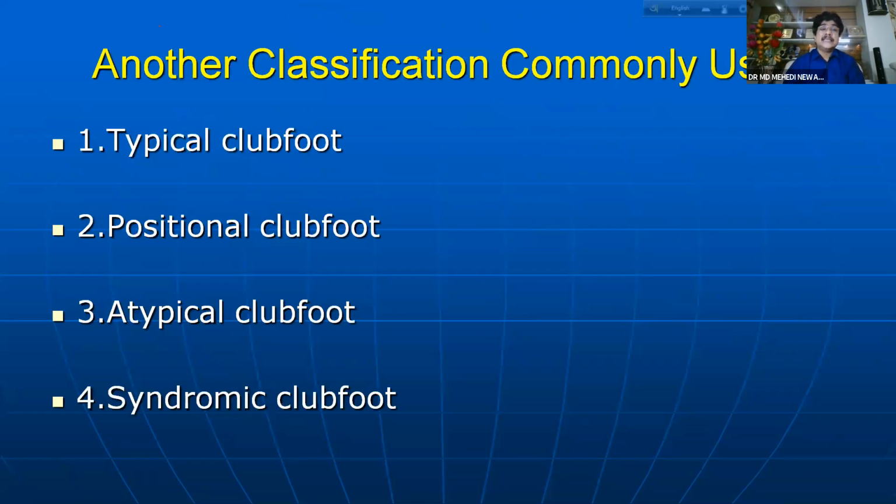But this classification we commonly use: typical clubfoot, positional clubfoot, atypical clubfoot, and syndromic. The typical clubfoot, medial and posterior structures are tight, found in 90% cases, and respond well to conservative treatment. Positional clubfoot, that is overcrowding in the uterus, 1 to 2 plasters are enough. And atypical clubfoot, plantar and posterior structures are tight.